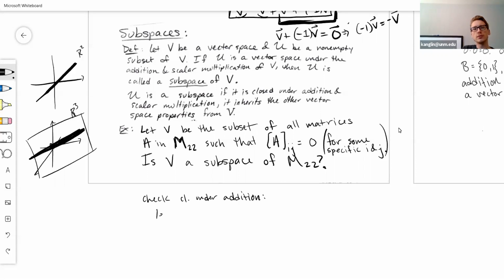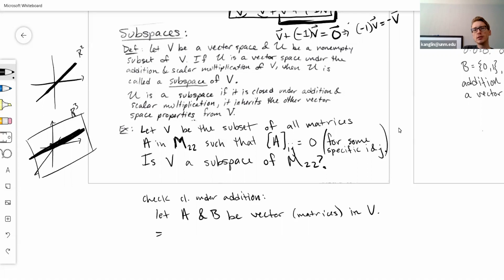In other words, let A and B be vectors, really matrices, in our subset.